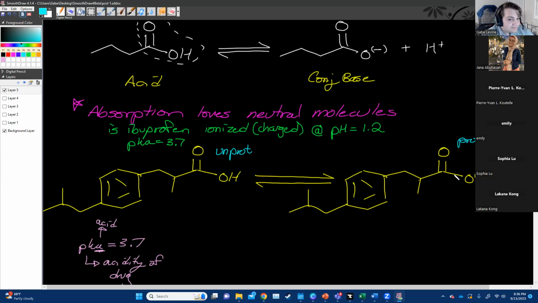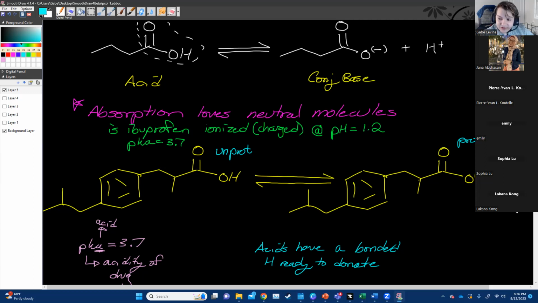Wait, so you said the job of the acid is to give the proton? So acids have a bonded proton ready to donate. Then wouldn't it be the protonated one? Does this structure have a hydrogen ready to donate? No, it's already left.